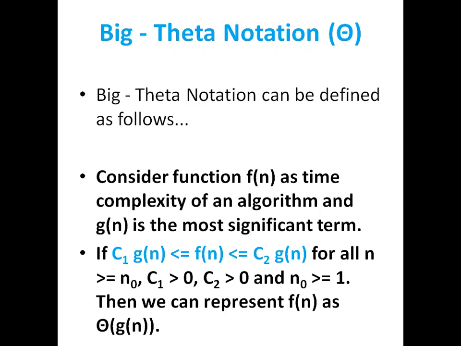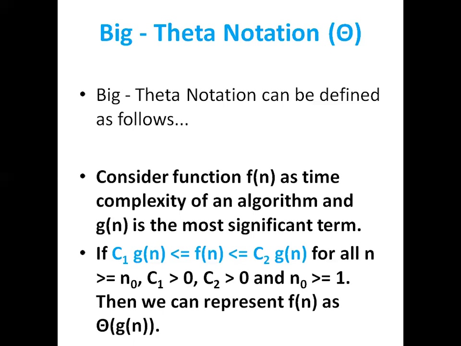In big OH it is greater, in big theta it is less, and here one is greater and one is less. Here two constants are used, one is less than f of n and the other is greater than f of n. That is, f of n lies between these two constants.